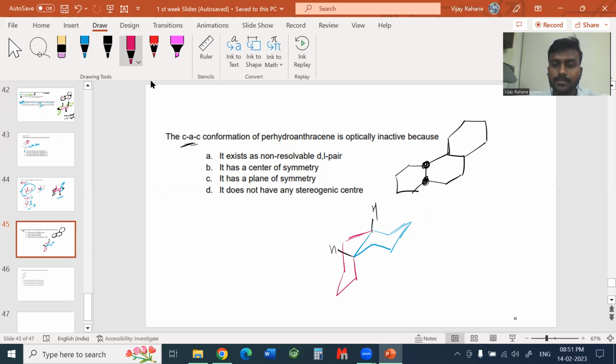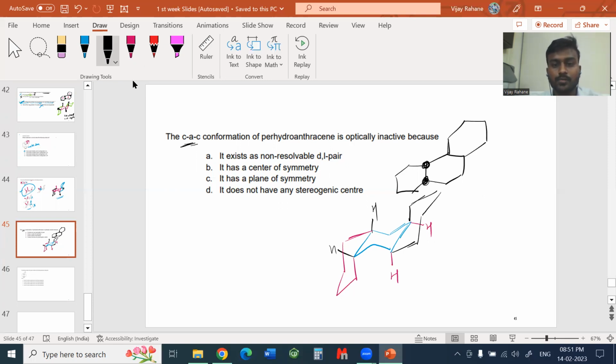Here you can see the hydrogens are down. So this hydrogen should be down, this hydrogen should be down. So the remaining carbons we need to draw should be up. Here it should be up. Right, so this one we have drawn.